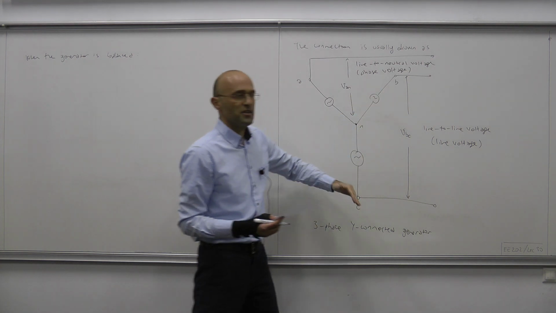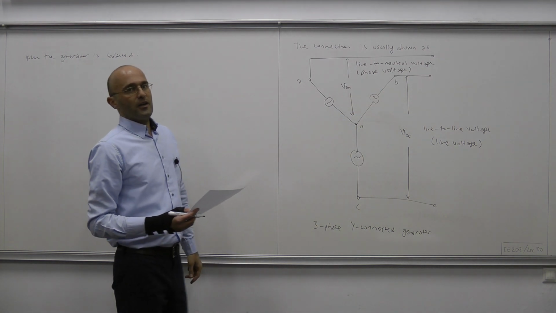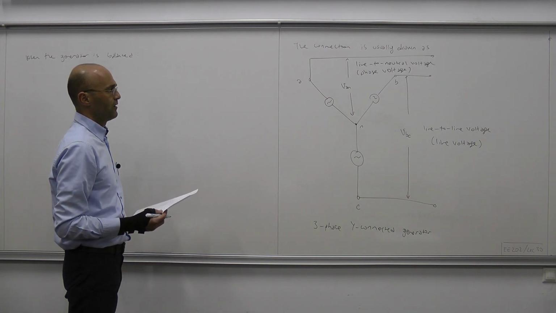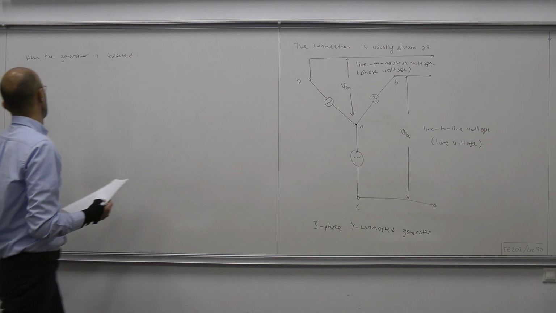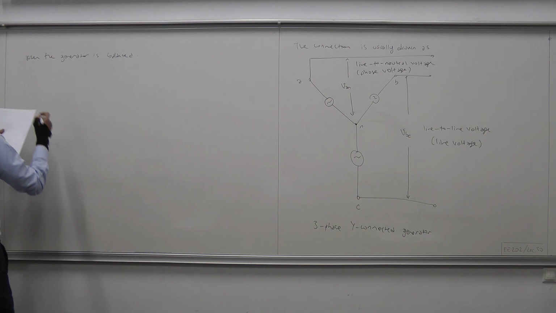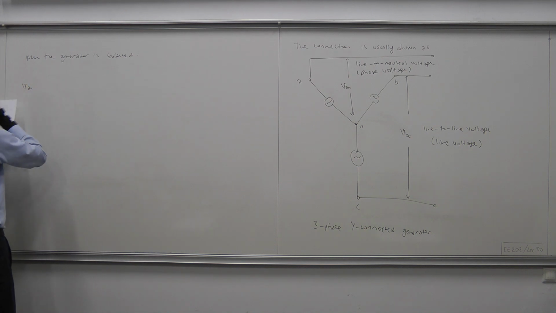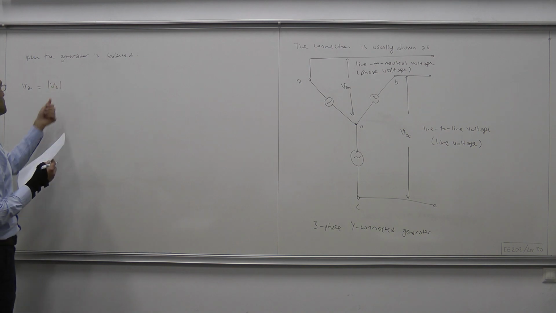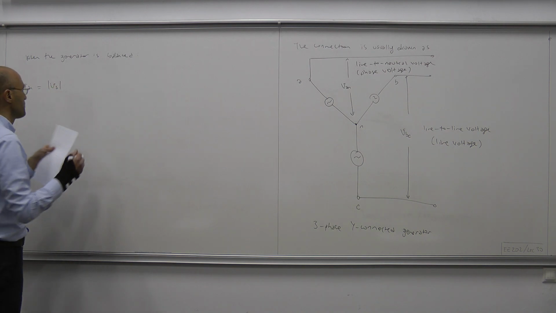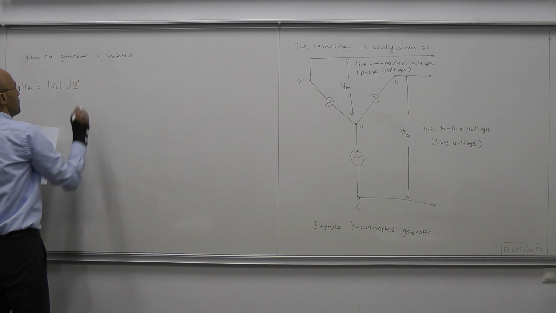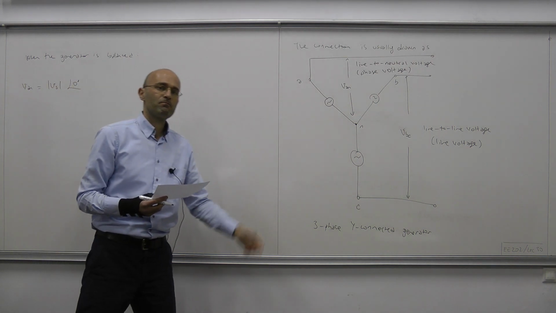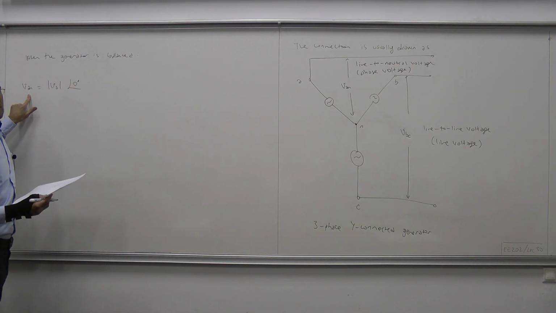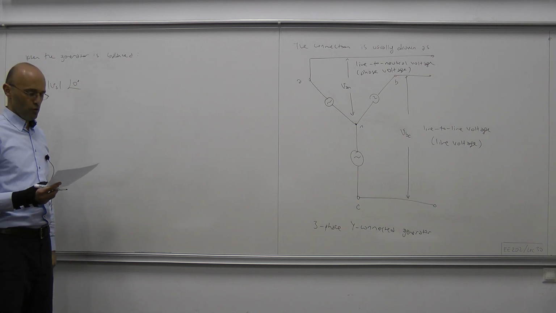From VBN to VCN, you go another 120 degrees clockwise. Okay, so we have, or we can write, therefore, VAN equals some magnitude, let's call it source voltage magnitude, and without loss of generality, we can take VAN to be reference. Okay, so we're taking its phase to be 0.